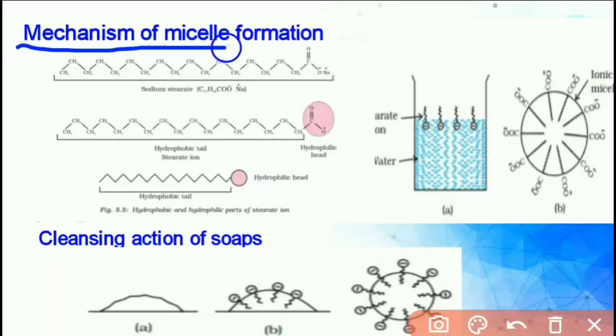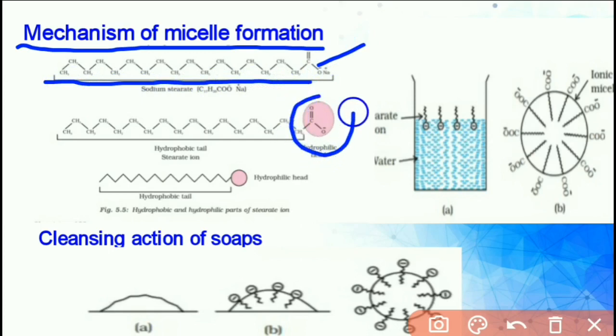Mechanism of micelle formation. A soap molecule has two special parts. The long hydrocarbon chain part is called the hydrophobic part, and the ionic part is called the hydrophilic head part.